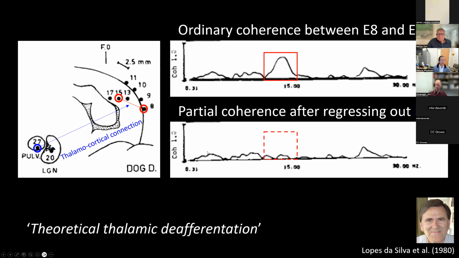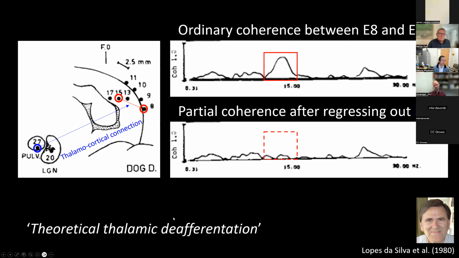But what they found was that it was actually the pulvinar that co-modulates the cortical-cortical connectivities at the alpha range. So this big alpha peak disappeared. That means the pulvinar sent the common drive to these two cortical recording sites.